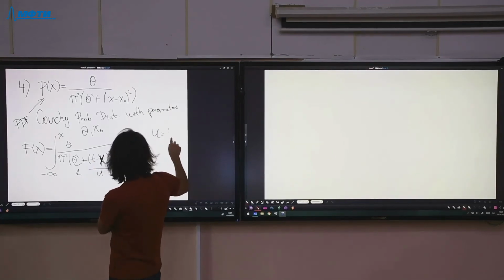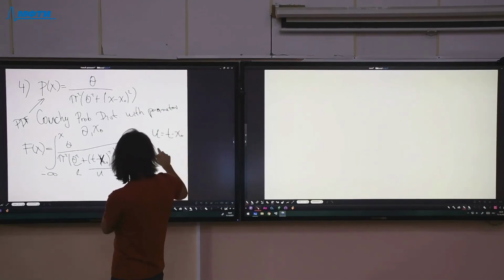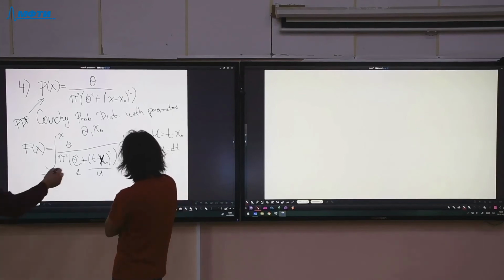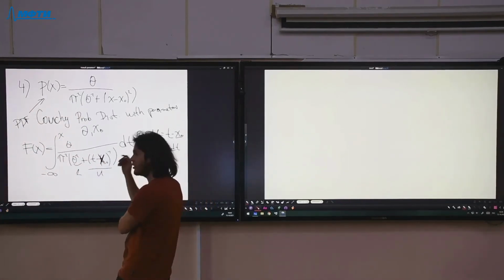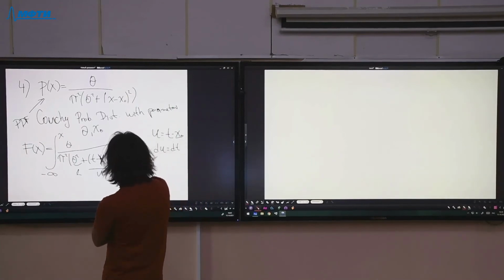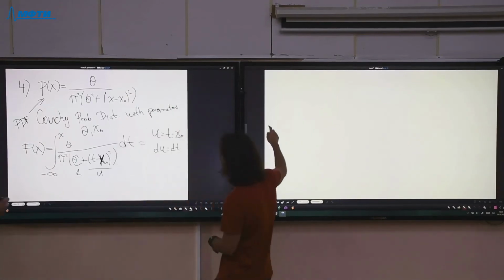u is going to be t minus x. So du is just dt, right? Because we see this as a constant, some given number. So you can say that this is equal to what?